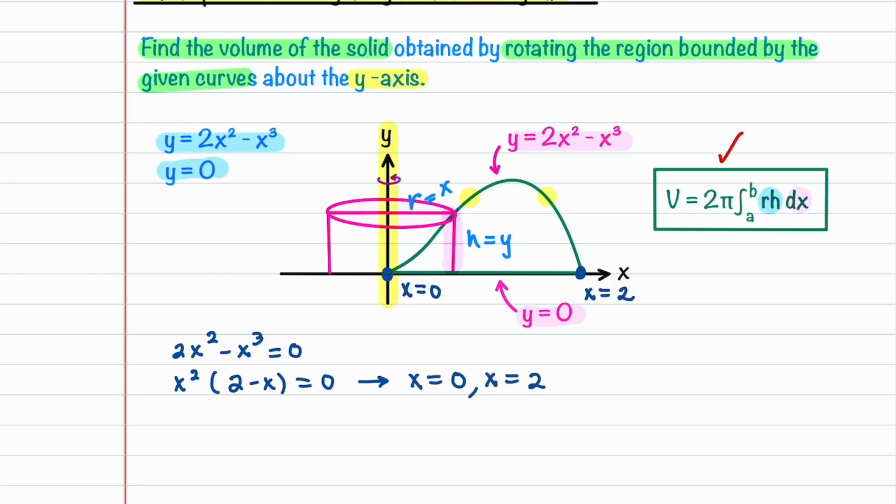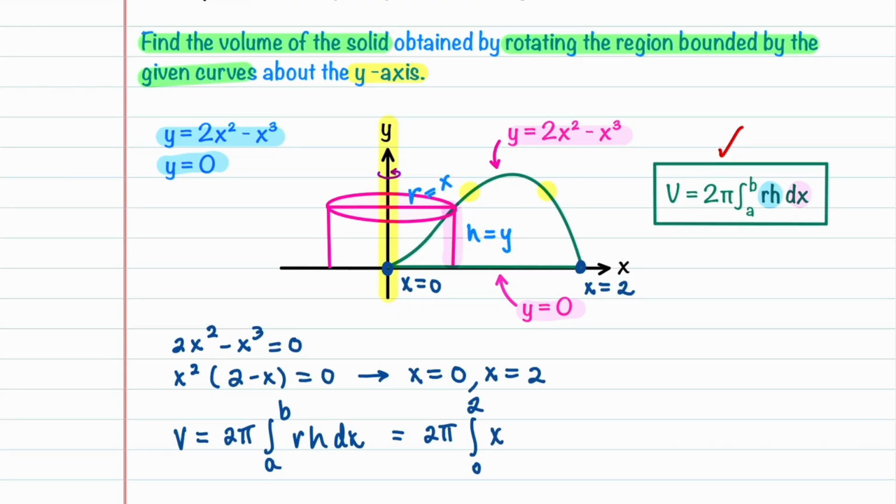Now we can go ahead and write down our formula. Our volume is 2 pi, the integral from a to b, r times h dx. So this is 2 pi, our a is 0, and our b is 2. Our radius is x, our height is y, and we're integrating with respect to x.